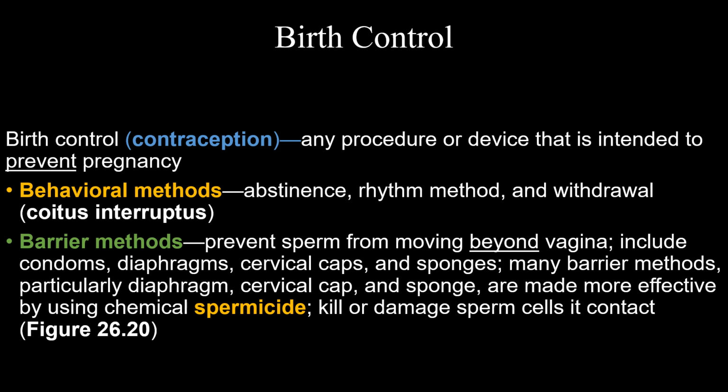There's also periodic abstinence called the rhythm method, at which point a person will avoid intercourse near the time of their partner's ovulation. The rhythm method has a high failure rate because it is really often difficult to predict the exact date of ovulation.